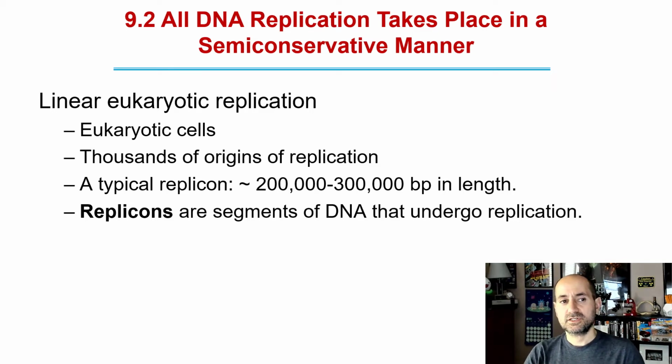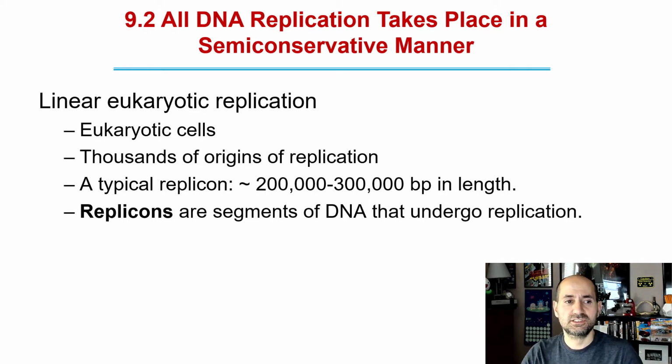In eukaryotic cells, during S phase of interphase, you have replication of the DNA. This is where you copy each and every chromosome and you end up with the sister chromatids. And remember, in eukaryotes, there are thousands of origins of replication, not just one.